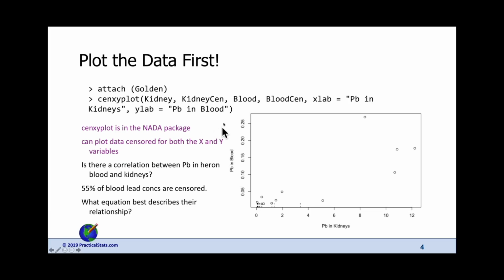And these would tell us whether the data are censored or not. So if the value in this column for kidney sen says TRUE, or it says 1, that indicates that the kidney value over here is a detection limit. If the value in kidney sen is FALSE or 0, then it's an indicator that it's not censored and that this kidney value is actually a measured detected value for lead concentrations in kidneys.